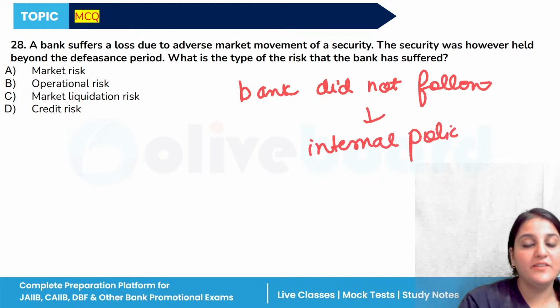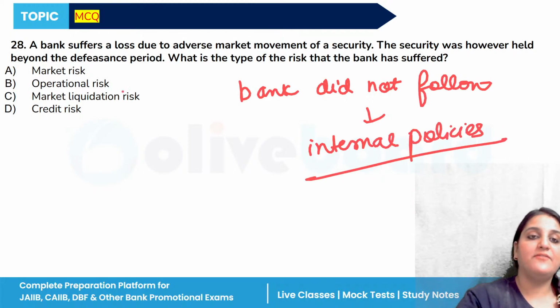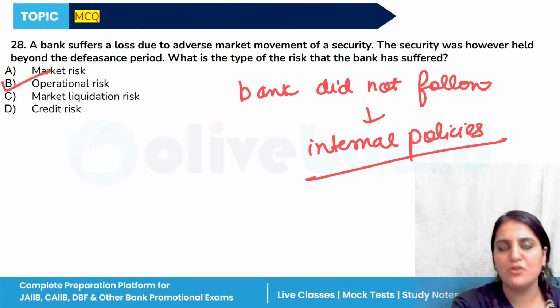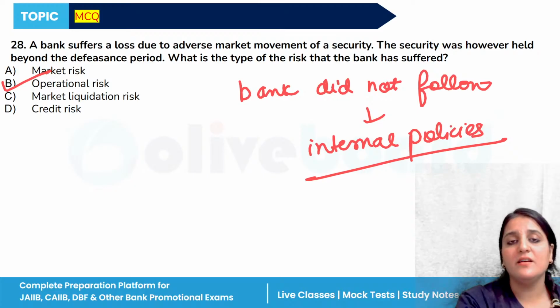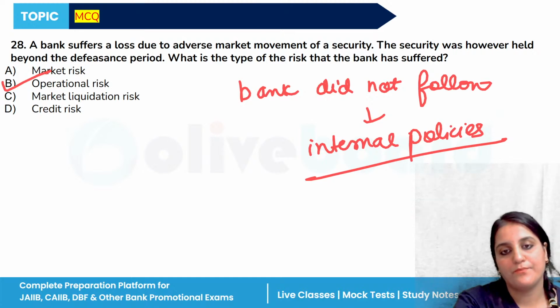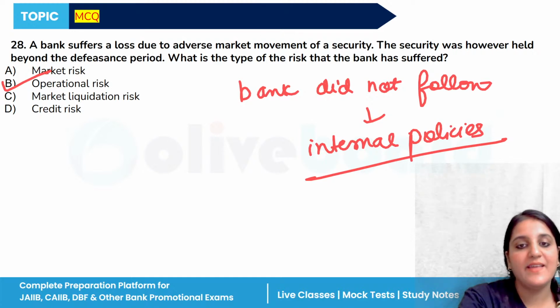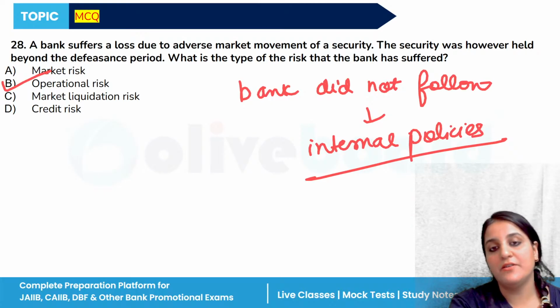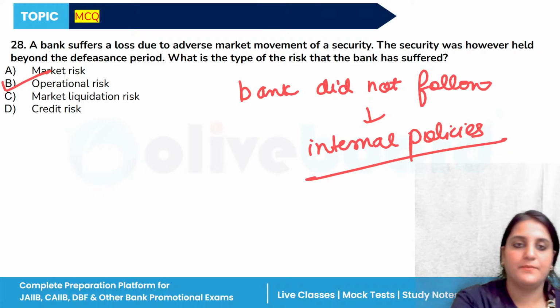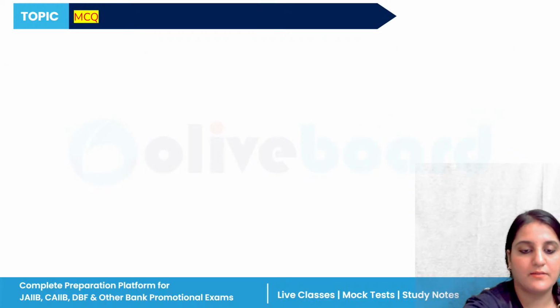When internal policies or procedures are involved, we can easily mark option B as correct, because operational risk includes failure of internal policies, and this type of failure in adhering to internal controls, guidelines and risk management practices is considered in operational risk. Okay, so the correct answer is operational risk.